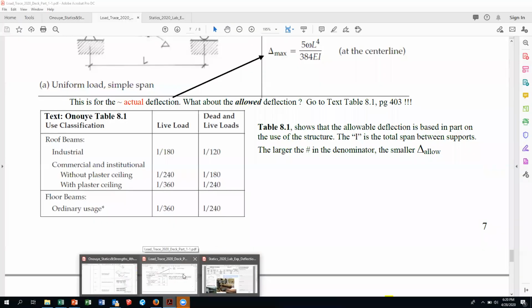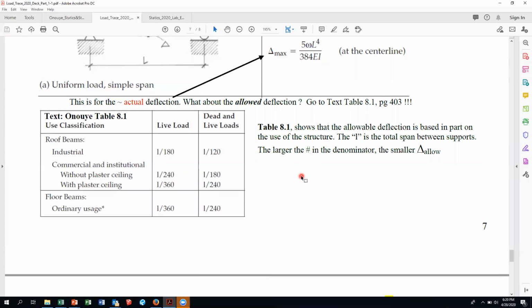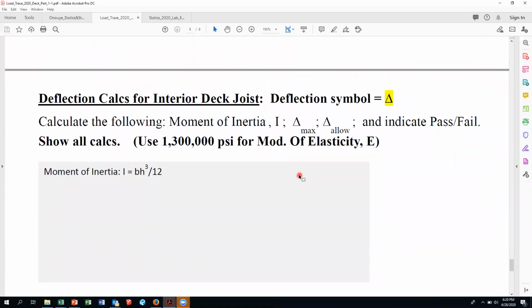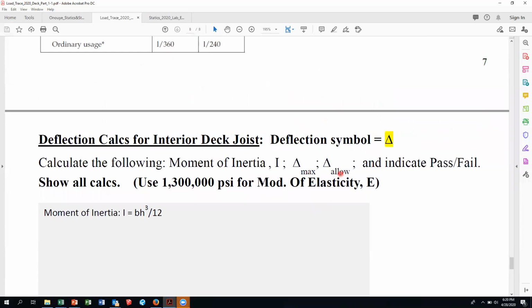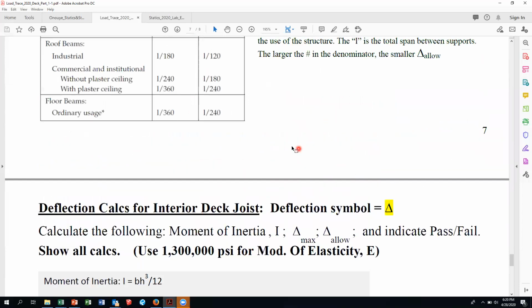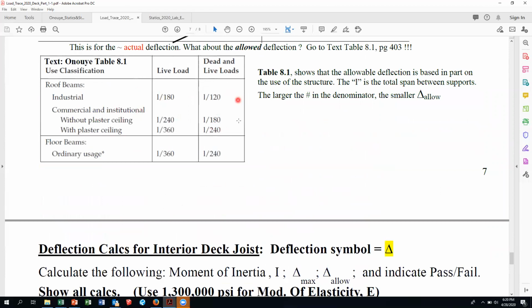So we're going to go to here. And so here's our deflection calcs. So again, what we want you to do is calculate the moment of inertia, the maximum deflection, which is going to be this formula, and the allowable, which is based on this table right here.